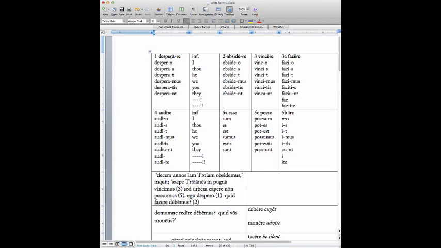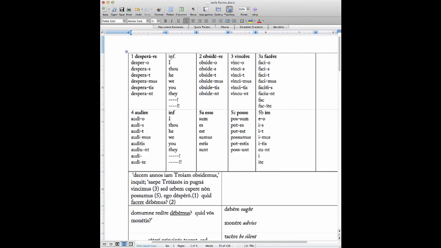There's one with a stem vowel of a, desperare, one with a stem vowel of long E, obsidere. There's two versions of the third conjugation with a stem vowel of short E, vincere and facere, or fecere. There is the fourth conjugation with a long I as a stem vowel, audire.